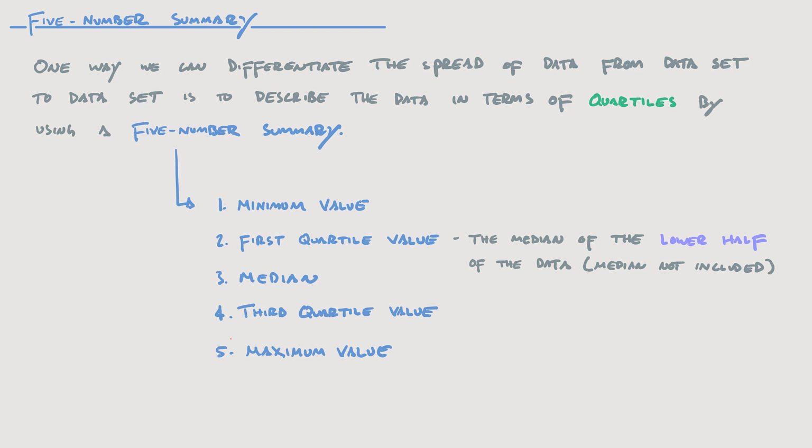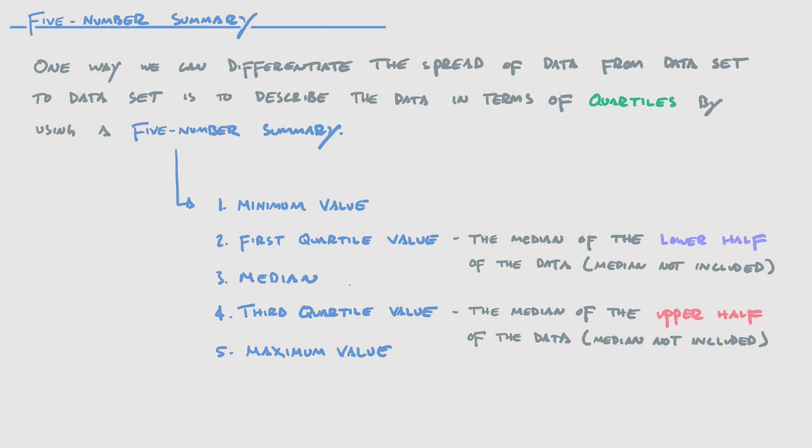And I put there that you don't want to include this median in the lower half of the data, right? Whether or not there's an even number of data points or an odd number of data points, the median is splitting the data and it doesn't belong to either the lower or upper half of the data. And that means that the third quartile value is also a median, but it's just of the upper half of the data. Again, not including the median.